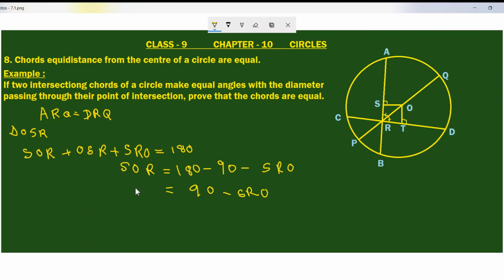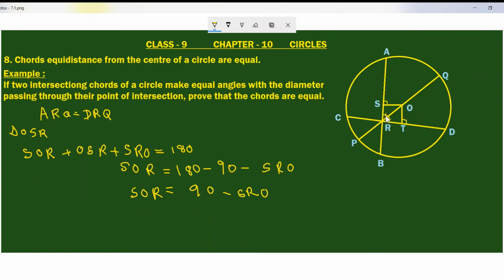So SOR is equivalent to 90 minus SRO. Right. SRO we can write as ARQ as well.